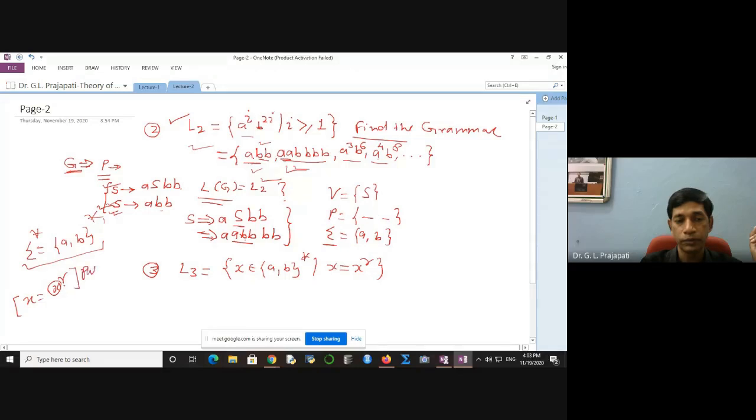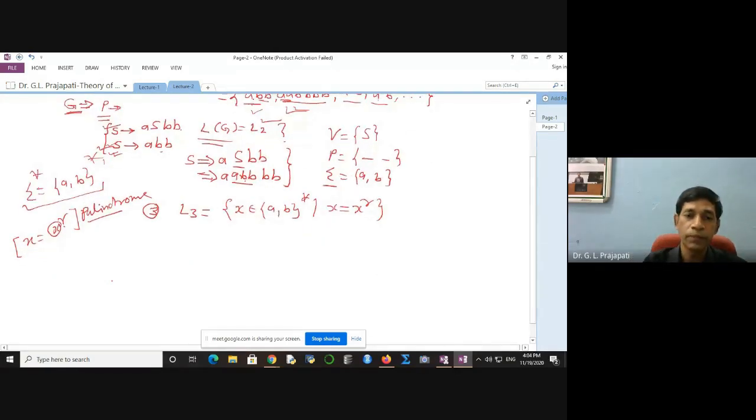So this is the palindrome property you are going to satisfy. You need to obtain the grammar for L3. And here also, how many sentences are in this language?